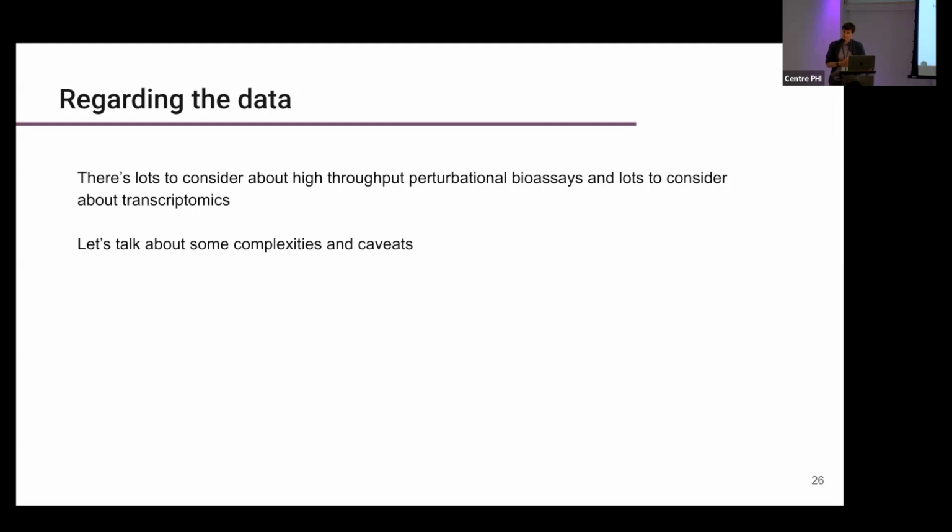I was just wondering if bulk is maybe doing this thing where you draw the wrong conclusion about the effect of the drug, while if you look at the heterogeneity and the different subpopulations, you might get a better idea of what's actually the effect.